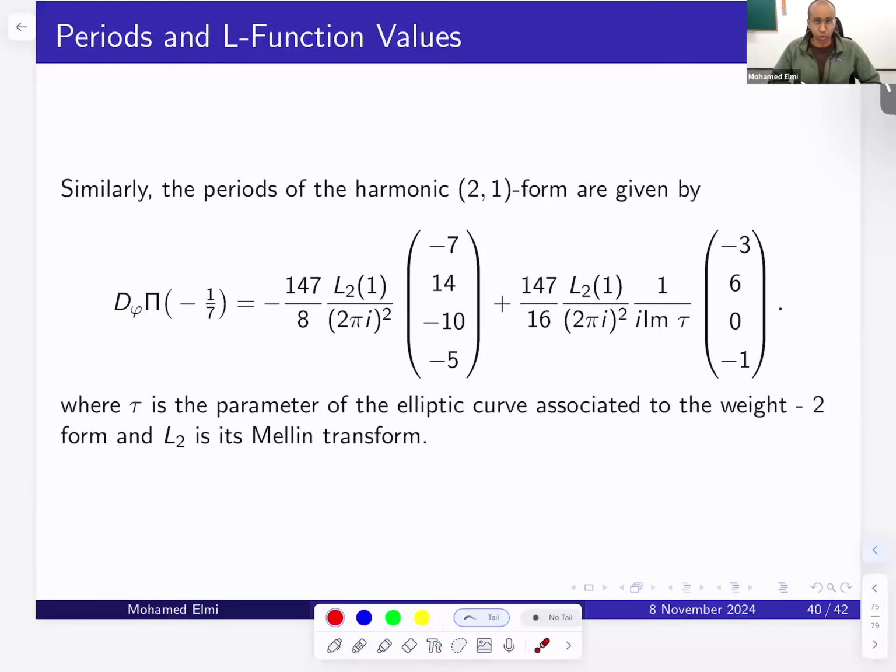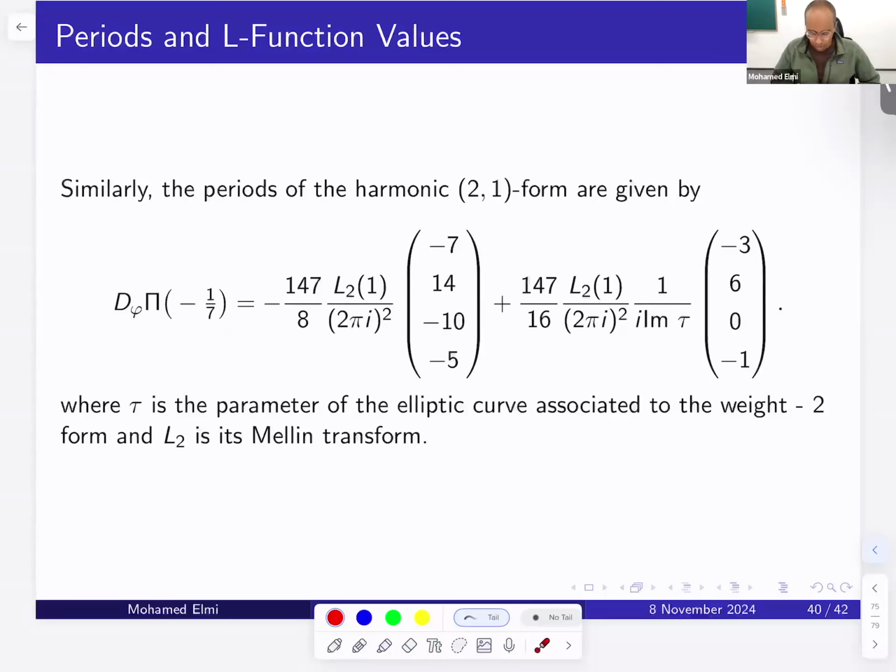It will have some weight 2 form associated with it, and that's why you're seeing critical L values associated with the weight 2 modular form in these covariant derivatives. And there's another number, which is tau of this elliptic curve, and you can conjecture exact expressions.